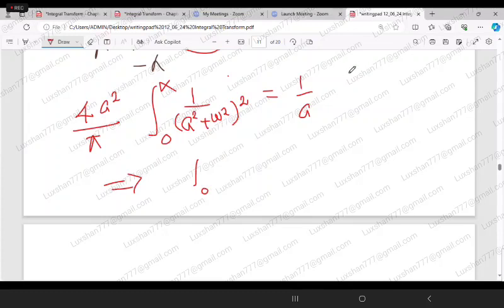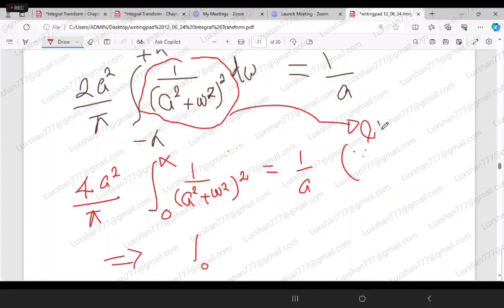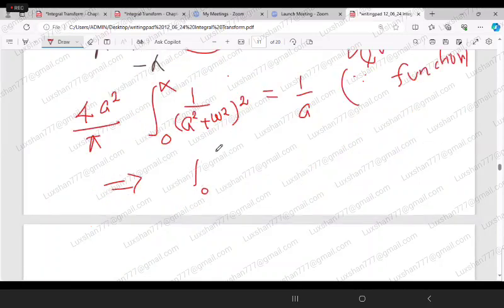The reason is that this function is an even function. We studied the definition of an even function. So that becomes the integral from 0 to infinity of 1 over (a squared plus omega squared) whole squared d omega, equal to 5 over something.